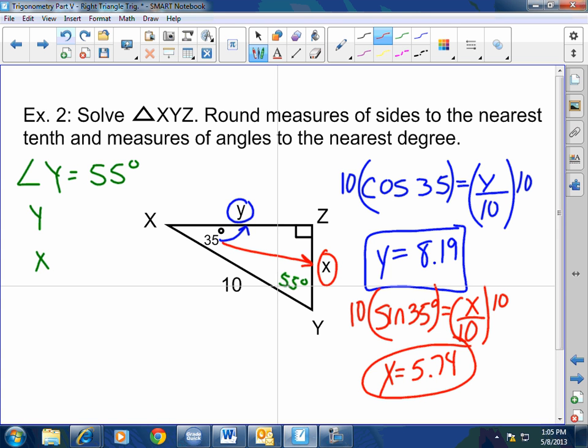So if possible, I try to stick with the values that they gave me. I like the fact that you guys used 35. That's what they gave me. What if by chance, accidentally, we are human beings, instead of putting 55, we put 45? And then we use 45, we would have just gotten everything wrong. So try as hard as you can to remember to use the given values first, because those are concrete and for sure.